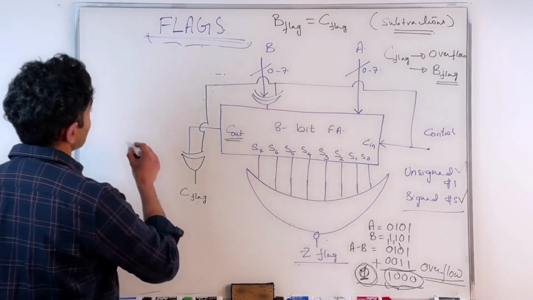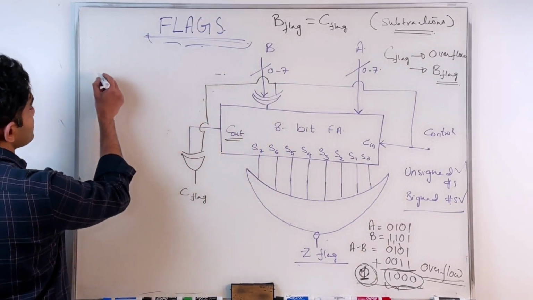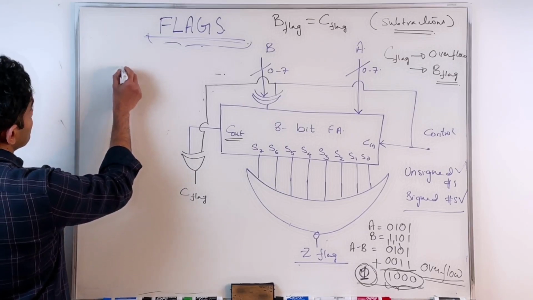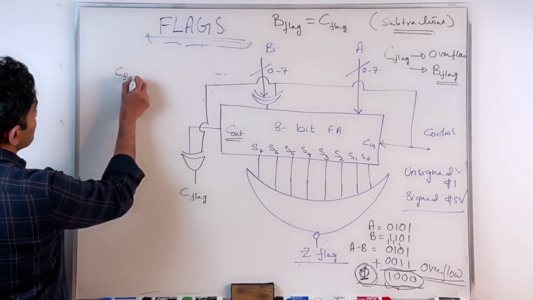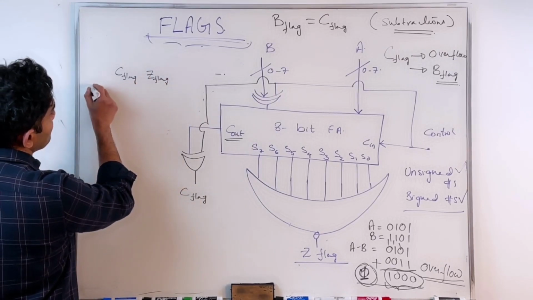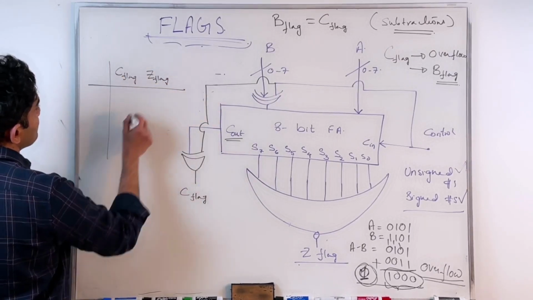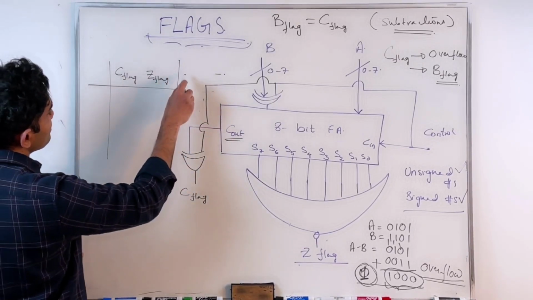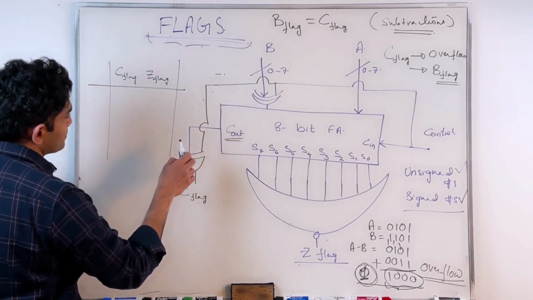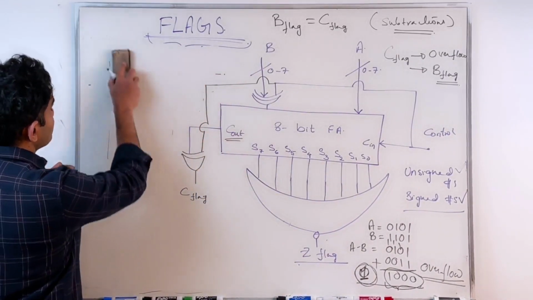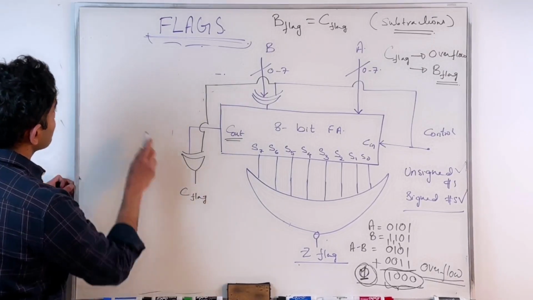Okay, and that table will allow us to actually do this. So I have C flag, Z flag, and, let me make it a little bit smaller here.